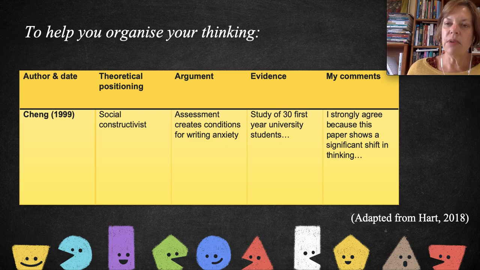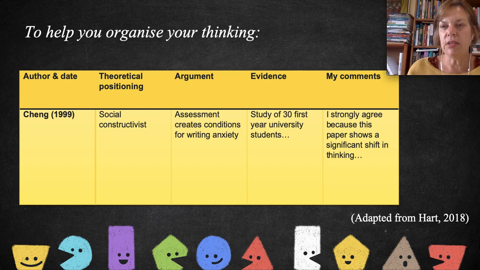Then when you come to write, you can insert that stance in there. And you can say, Cheng shows a significant change in thinking. And then that indicates your positioning alongside Cheng. So it's just a step before writing.